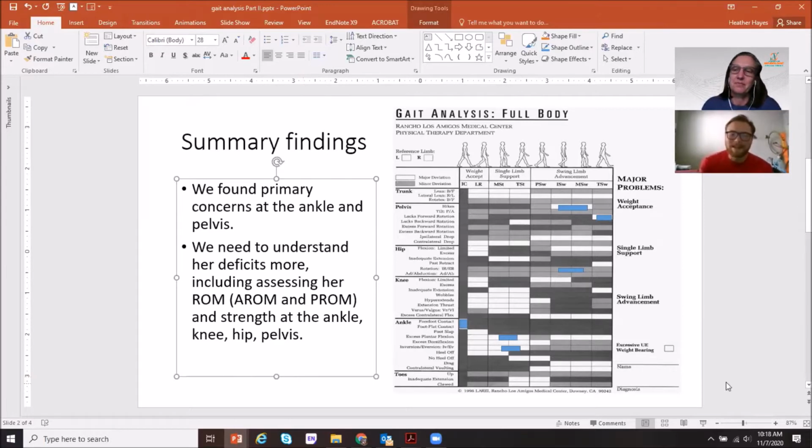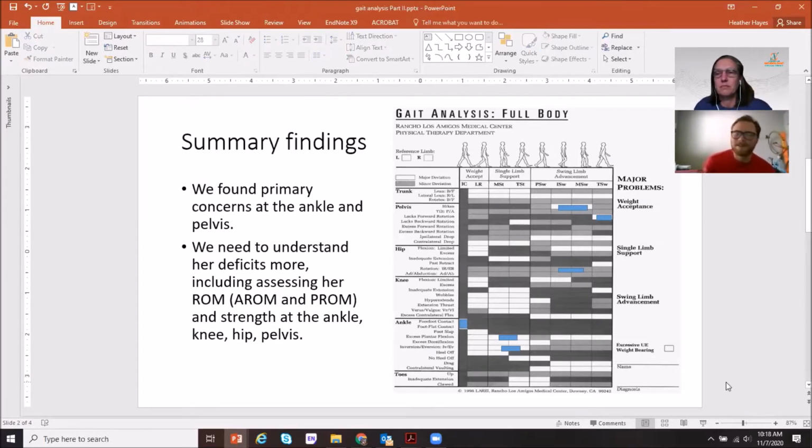I think it's important to show her how it will change her gait functionally, especially since her main goal was to walk faster to keep up with her kids. So if we can get baseline measures of those, and then show her as we dissociate her pelvis that she can increase her gait speed, then she knows it's working.